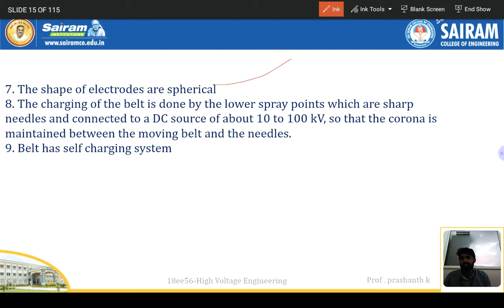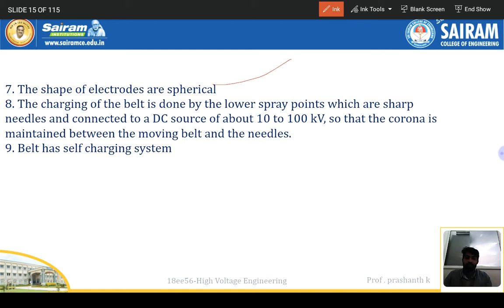We are spraying electric charges onto the belt, so that the belt maintains the voltage up to the sphere.